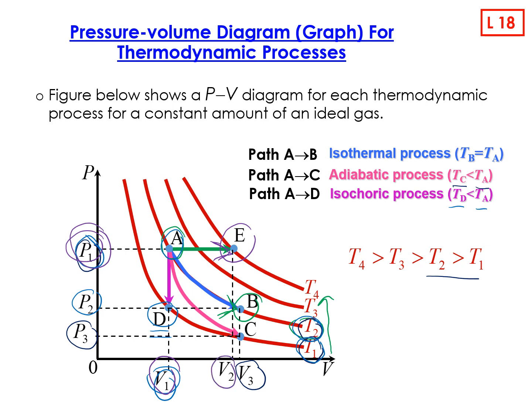So we can see that the pressure between A and E is constant, isn't it? So the process is called the isobaric process. For this isobaric process, from A to E, point E is at temperature T4 and point A is at temperature T2. So which one has the greater temperature? E, isn't it? So that's why TE is greater than TA.